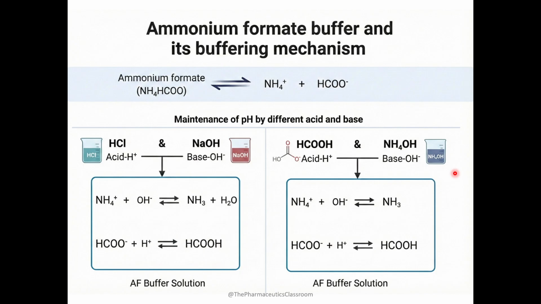So in LCMS or in HPLC, whenever we are preparing buffer, acetic acid buffers are generally not used. People use different buffers, like ammonium formate buffer. I'm giving one example of that.